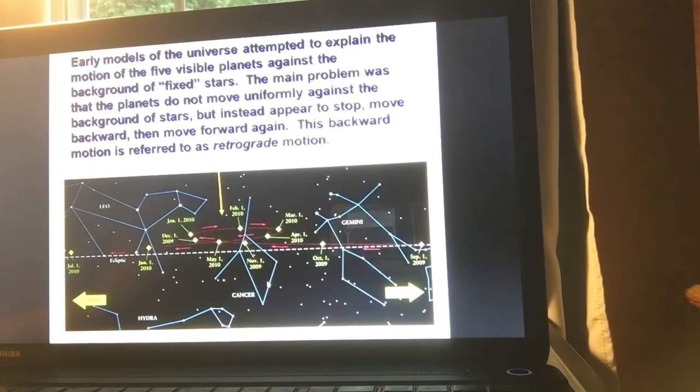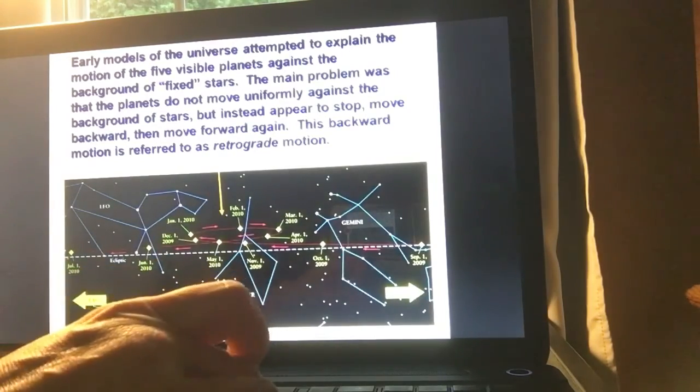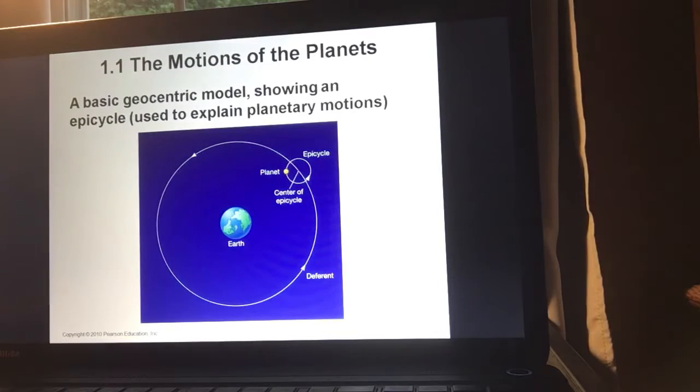So astronomers were trying to explain the motion of the planets against the background of fixed stars, especially why the planets do not move uniformly against the background of stars, but instead appear to stop, move backward, then move forward again.